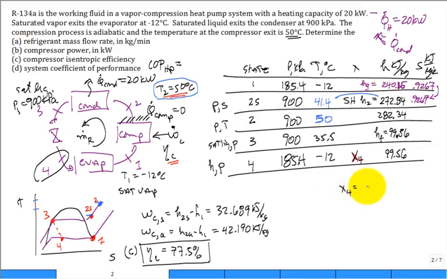The quality at state 4 is 31.7%, meaning 31% by mass is now in the vapor state, leaving 68.3% in the liquid state by mass, ready to evaporate in the evaporator to pick up heat.